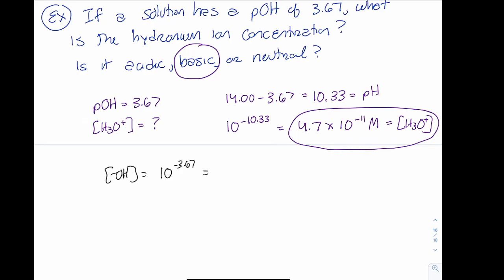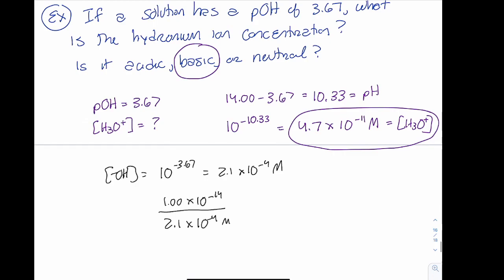Don't forget the negative sign like I just did. Now I have 2 negative signs, sorry guys. 2.1 times 10 to the negative 4th molar, and then I would take kW, 1 times 10 to the negative 14th, divide it by my hydroxide ion concentration.